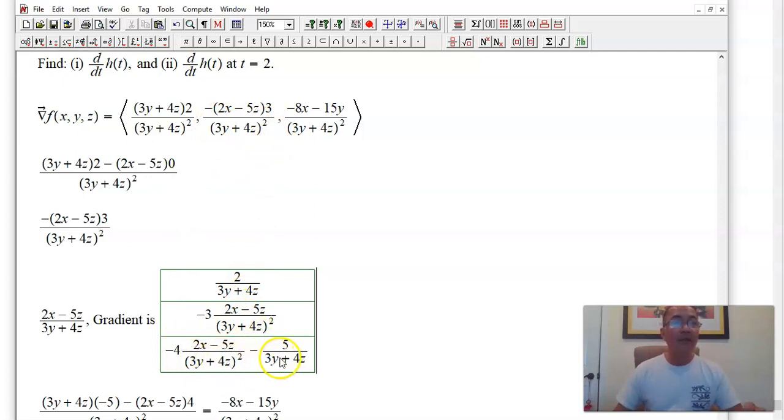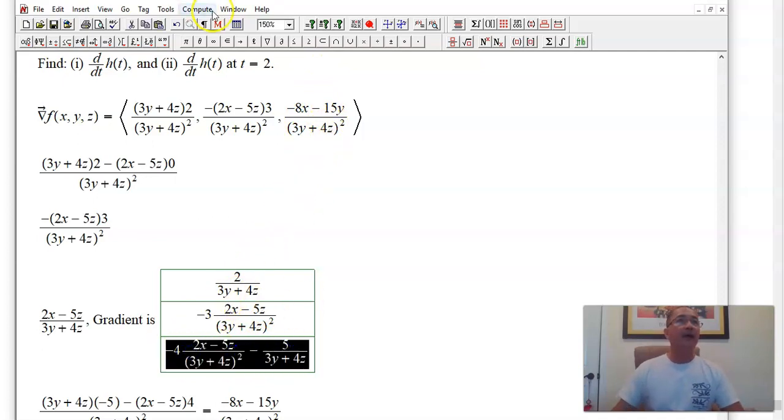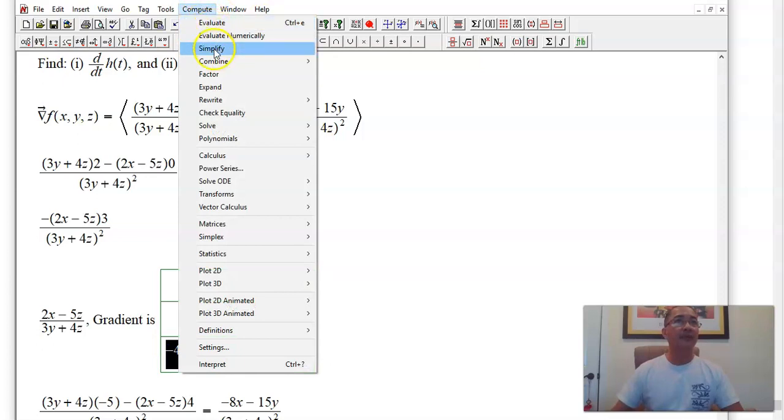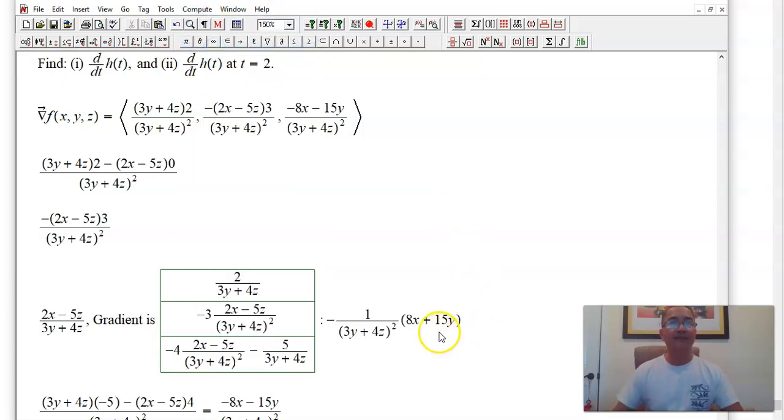Oh, look, it did not simplify the third component. Did we do one better? Let's see. Compute, can you simplify? Yeah. Oh, wow, look at that. I didn't make any mistakes for a change. So that is the gradient of f.